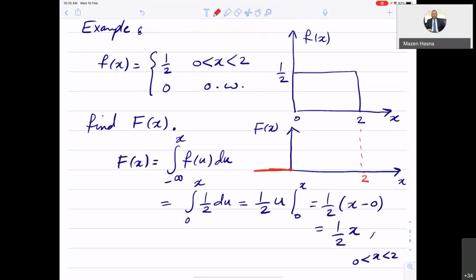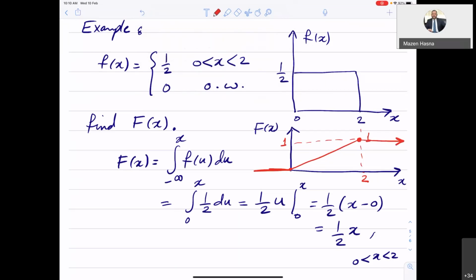And at 2, what's the value? 1/2 times 2 is 1. So we know at 2 it is 1, and it's a straight line. And then after 2, it continues to be 1.